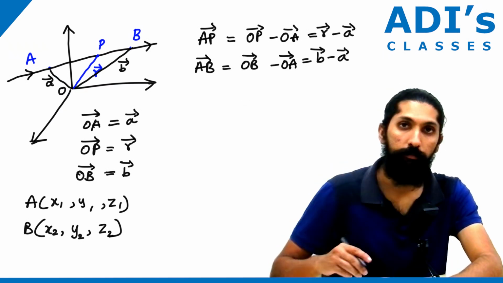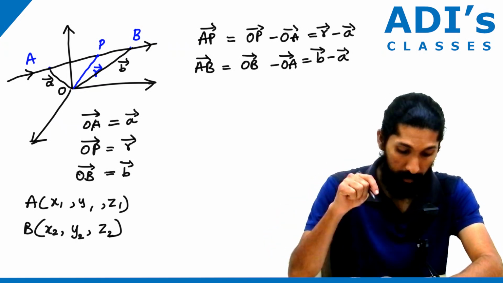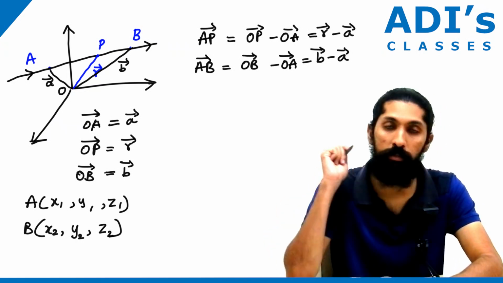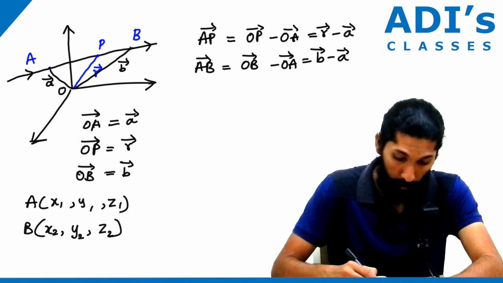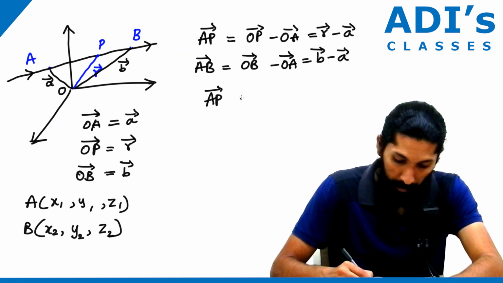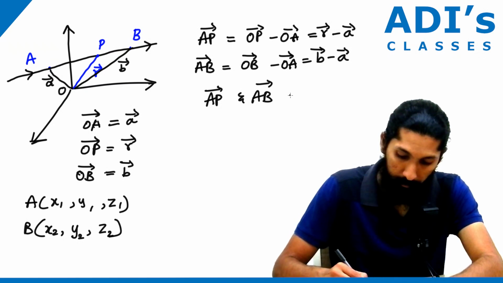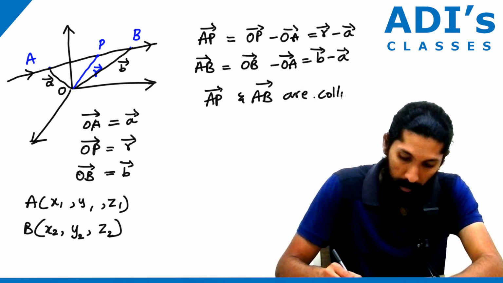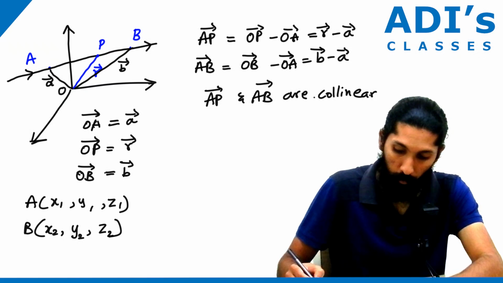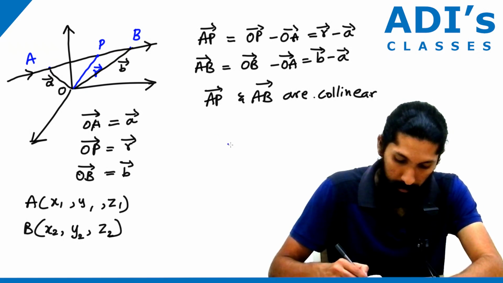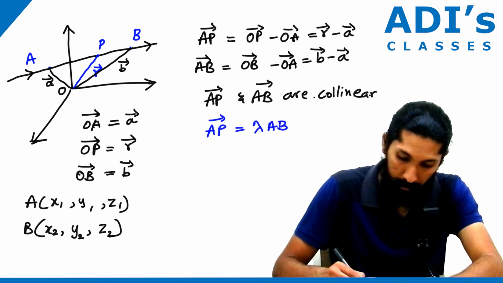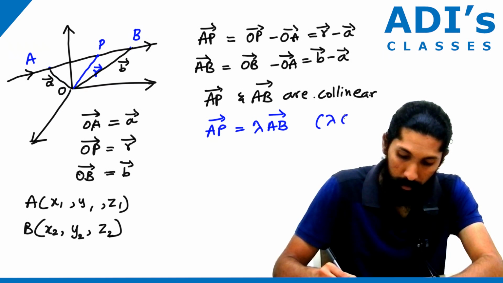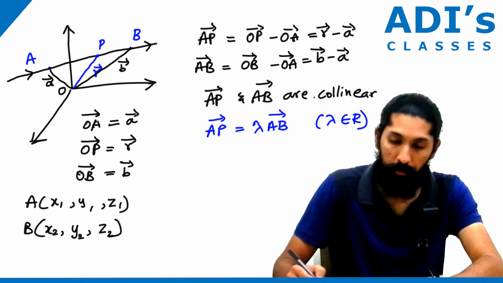Now look at the figure. Vector AP and vector AB, they are collinear, isn't it? Because P is a point on AB. Since we know that AP and AB are collinear, what we can write is that vector AP is equal to lambda into vector AB, where lambda belongs to R, some real number, whatever it might be.